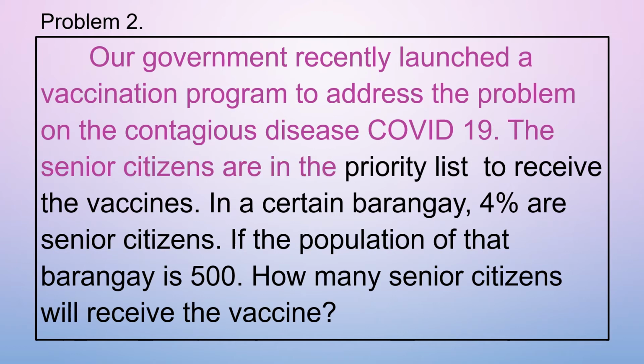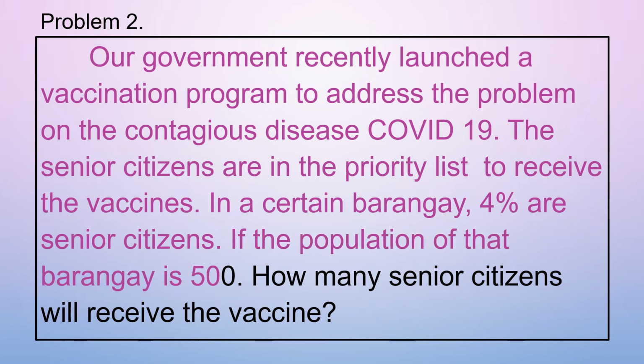The senior citizens are in the priority list to receive the vaccines. In a certain barangay, 4% are senior citizens. If the population of that barangay is 500, how many senior citizens will receive the vaccine?